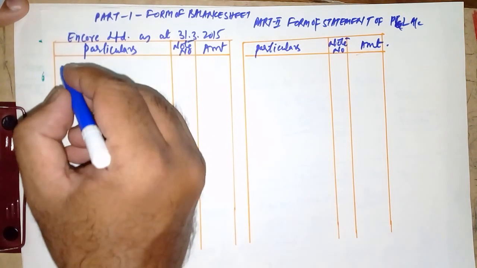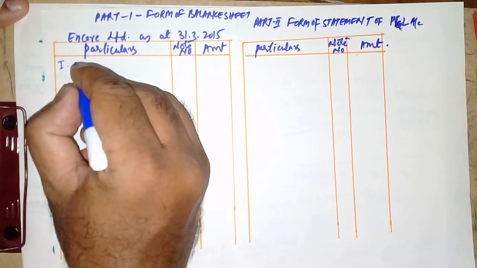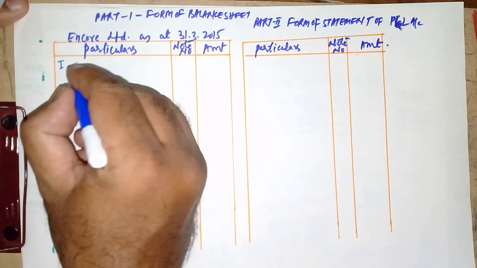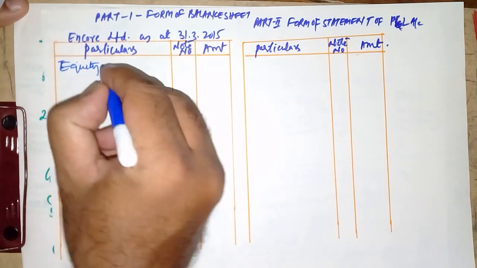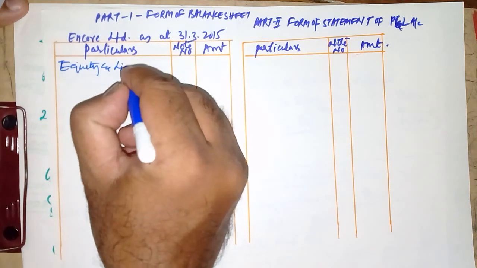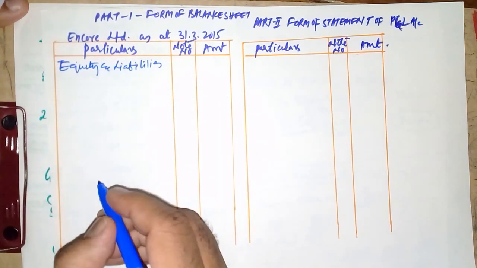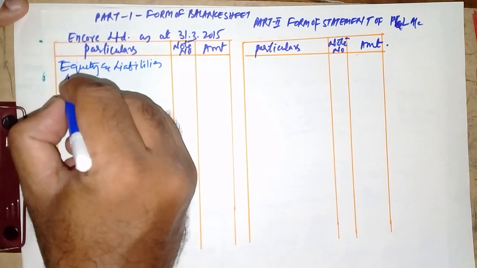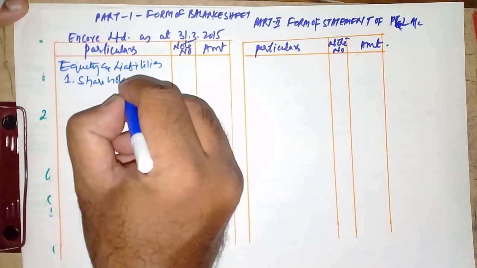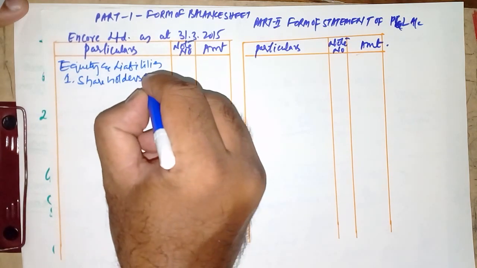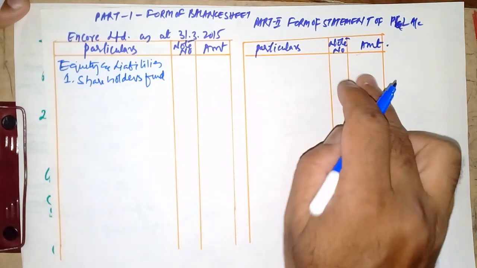Under that, first is equity and liabilities, right? Under that, first one is shareholders' funds. First we are preparing the balance sheet, then we'll prepare the P&L account.